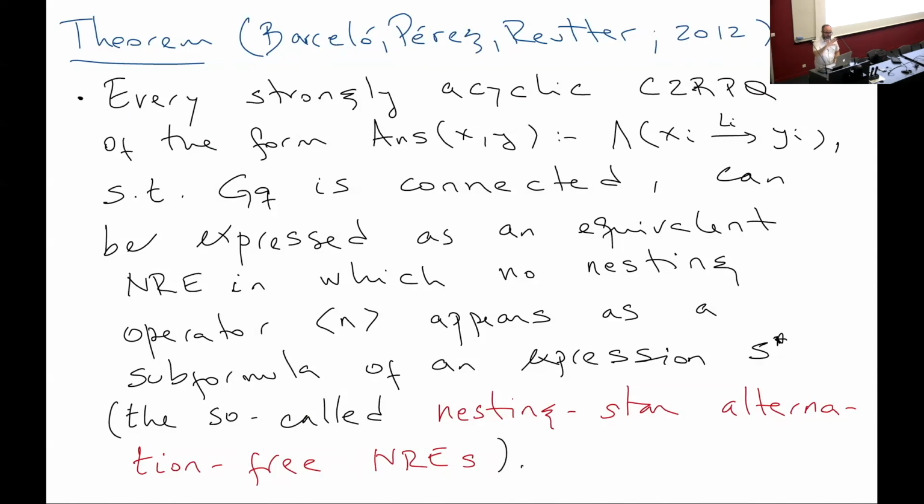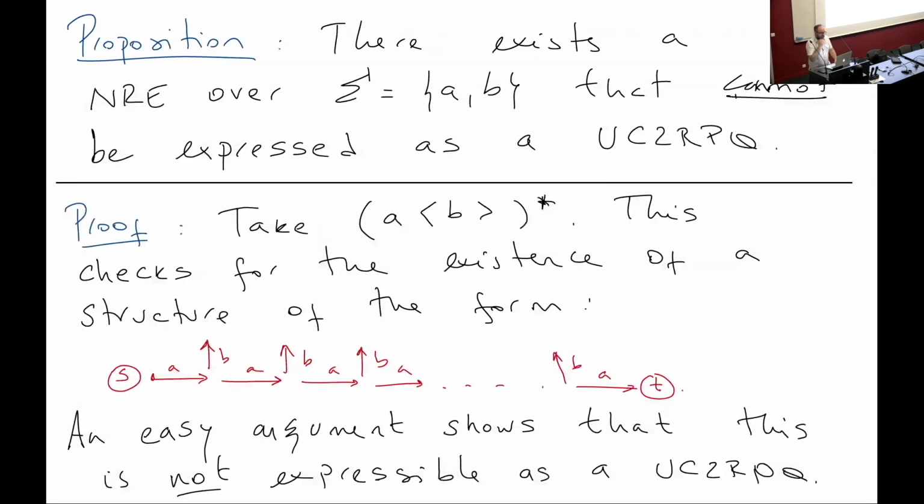So it generalizes a subclass of C2RPQs. In turn, the expressive power of nested regular expressions is not subsumed by that of the C2RPQs, or even a union of C2RPQs in this case.